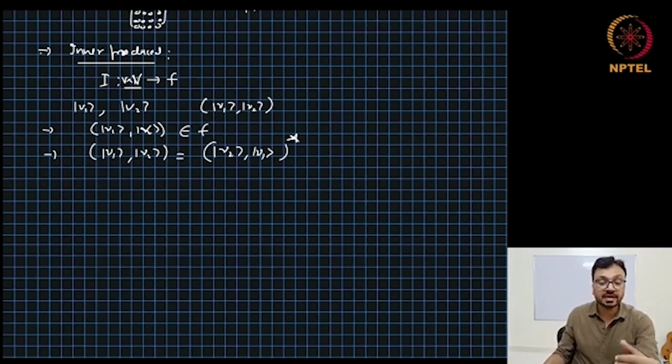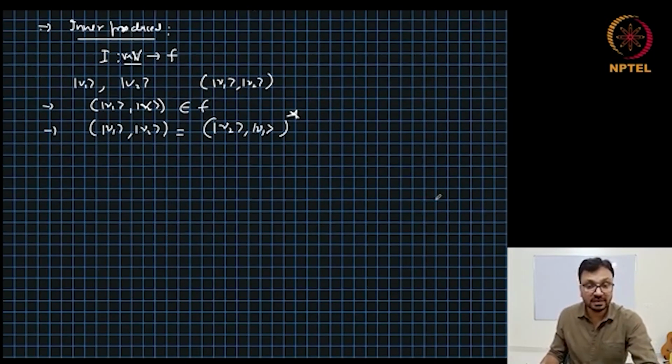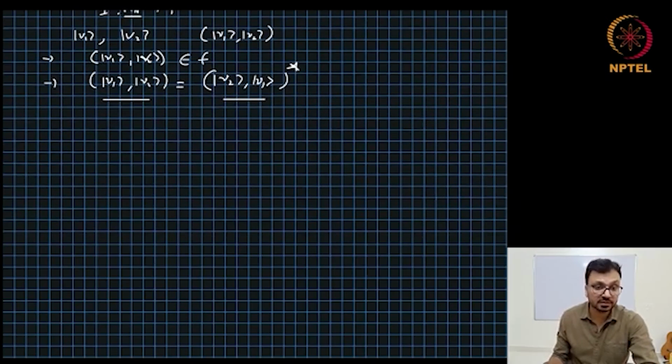So conjugate, in any sense we define conjugate on the field, so this will be one element of the field and it will be the conjugate element of the field. Typically the kind of vectors we are interested in, the field is complex, so then it will be a complex conjugate. So the inner product of two vectors will give you some complex number, and the inner product of the same two vectors but in the reverse order will give us the complex conjugate of the same number.